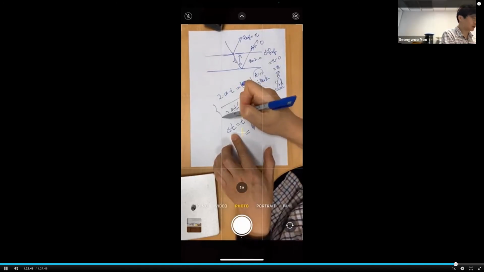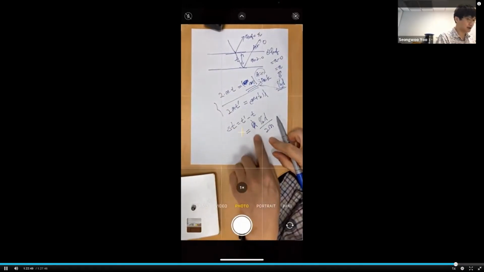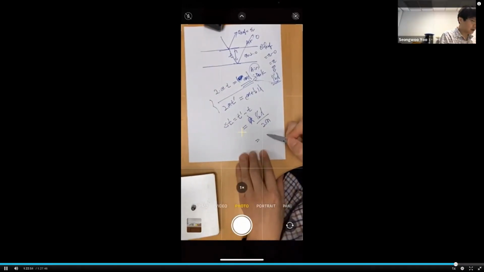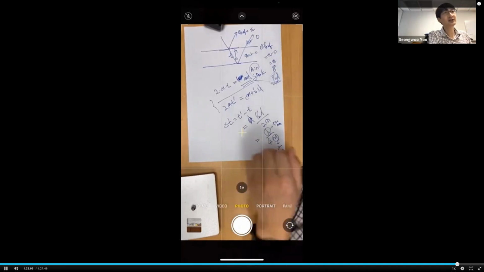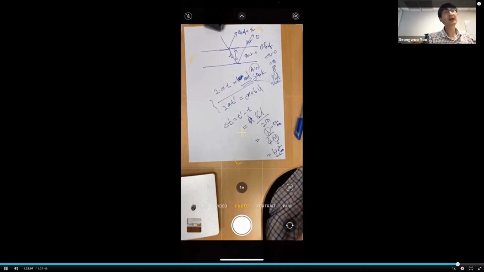When you combine those two equations, this becomes lambda over 4n. The wavelength is 500 nanometers and the index is 2, therefore this becomes 62.5 nanometers. So the correct answer is 62.5 nanometers.